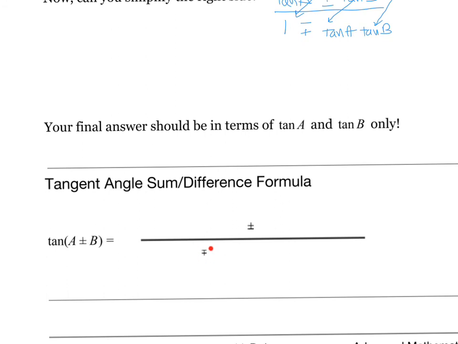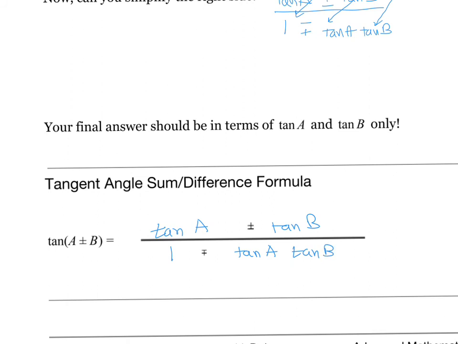This is minus or plus. That is important. So this ended up being tangent of A, this is a tangent of B, over 1 minus or plus tangent of A times tangent of B.